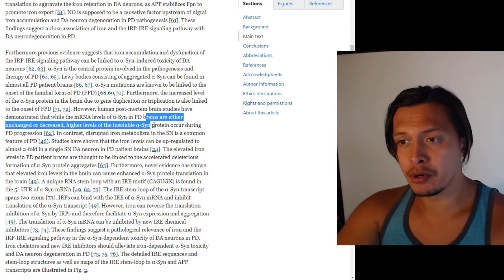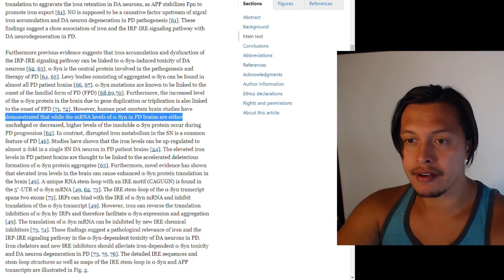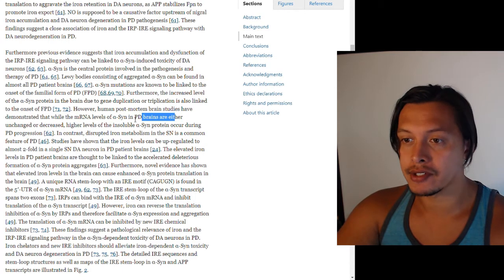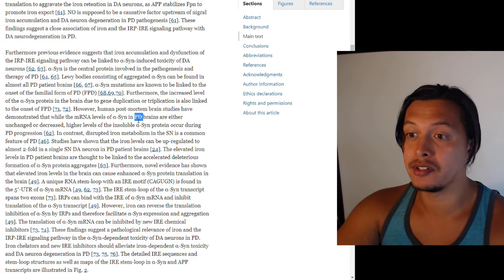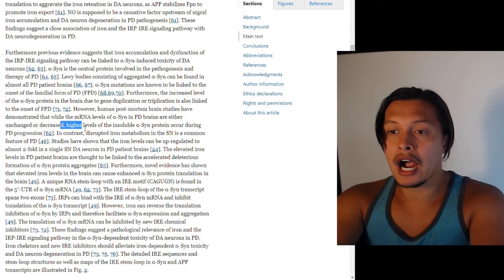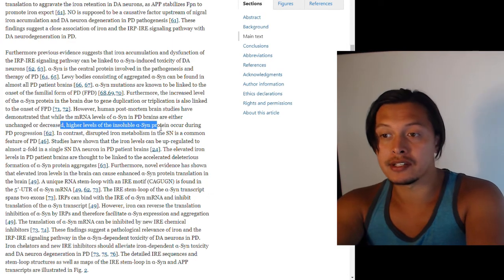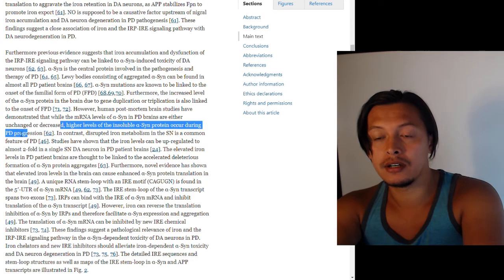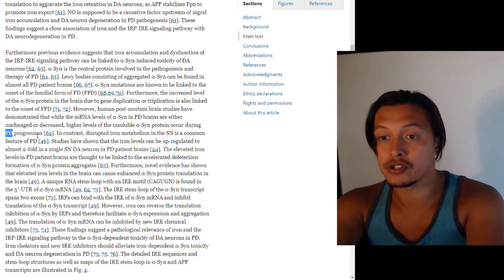However, human post-mortem brain studies have demonstrated that while the mRNA levels of alpha-synuclein in Parkinson's brains are either unchanged or decreased, higher levels of the insoluble alpha-synuclein protein occur during the Parkinson's disease progression. So what does this tell you?